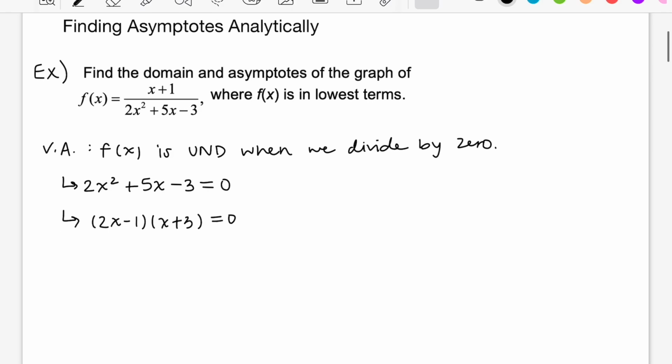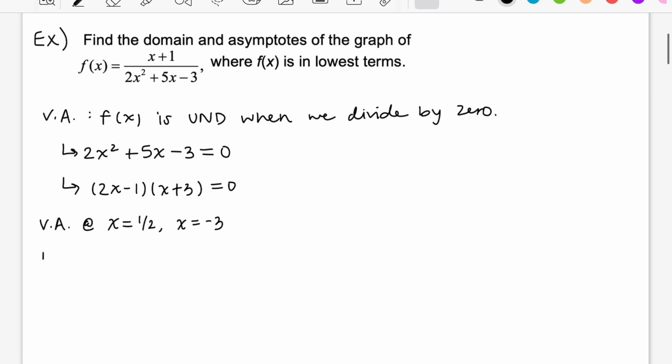Okay, so this tells us we're going to have two vertical asymptotes, one at x is equal to 1/2 and the other at x is equal to -3. And we get that by setting this equal to 0 and solving for x, and then setting this equal to 0 and solving for x. Similarly, since we know that when x is equal to 1/2 or -3, we're going to divide by 0, that will make our function undefined.